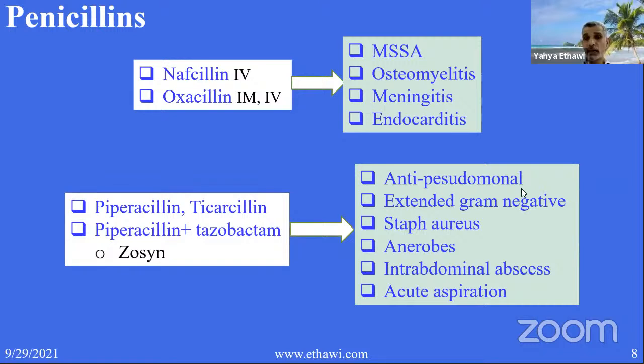So they are anti-Pseudomonas, with extended gram-negative in addition to gram-positive. They work against Staph aureus and anaerobes, and they are excellent for abdominal abscess and abdominal infection, for example, and they are also good for acute aspiration, like ampicillin-sulbactam.